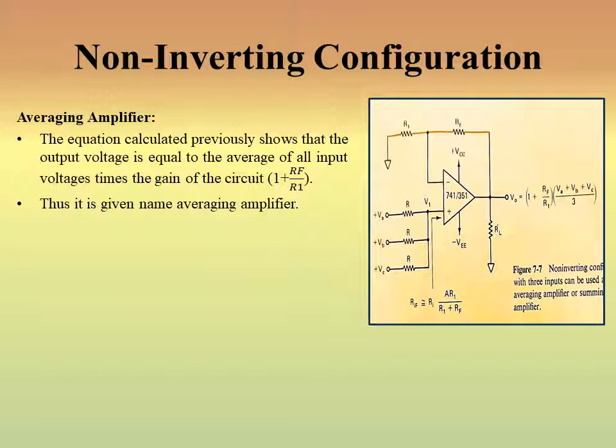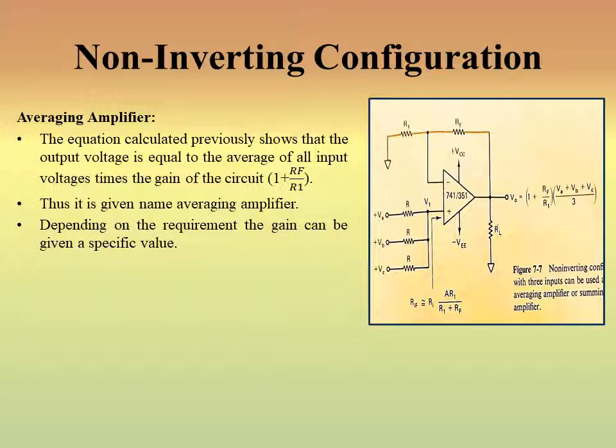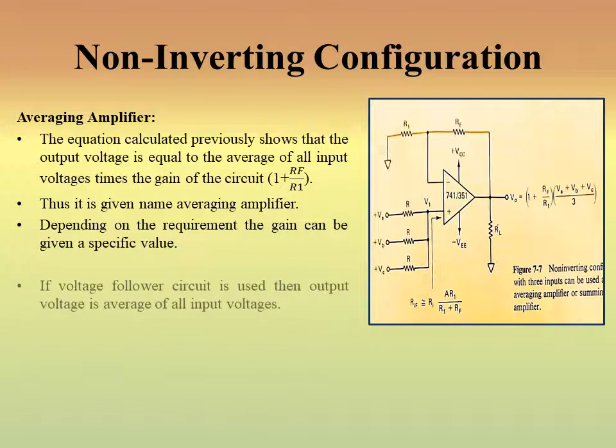So its name is given averaging amplifier. Now the gain can be given a specific value. If it is given 1, then it will simply be averaging amplifier, or it can be scaling amplifier according to the gain obtained by the circuit.